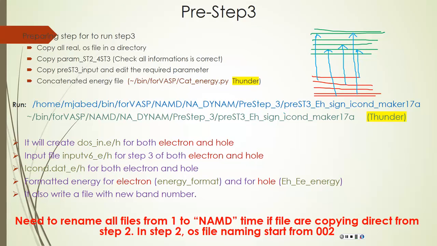That means we are relaxing the hole from the low energy to the higher energy. In our code, the particle should go to the lower energy. So when we run this script, it creates another energy file for the hole, where the energy is multiplied by -1.